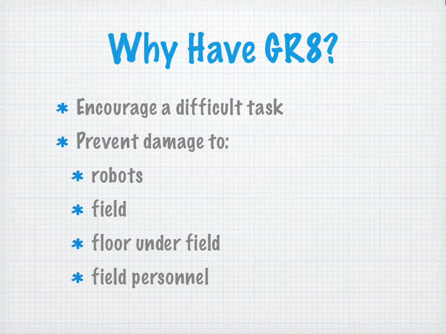In addition to promoting a cool robot thing, if we have one robot that's being lifted by another, there's a lot of potential for damage. Potential for damage to the robot, to the field, to having a 40-pound robot fall on the floor of the field and cause damage there, and also fall off the field and land on, say, the head ref. We really don't want that to happen. So once that lifting is started, just stay the heck away from those two robots, and we want to make sure teams are very clear on that.